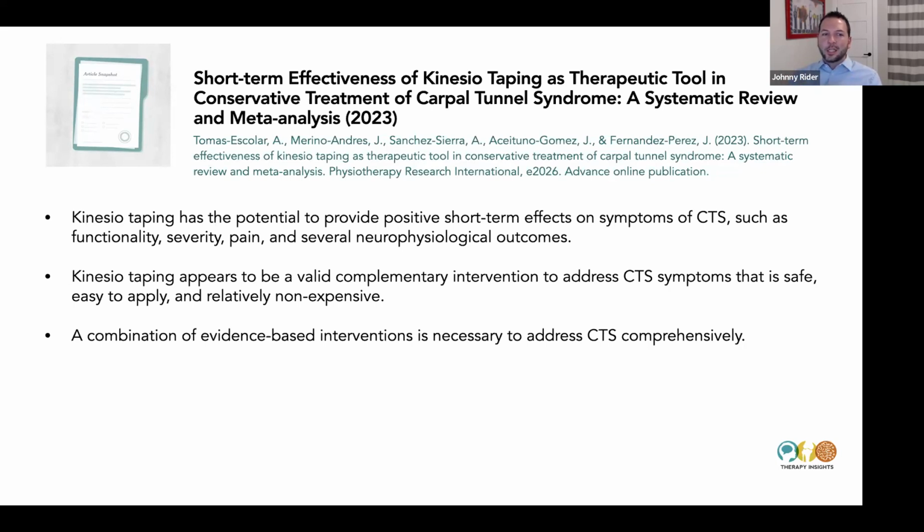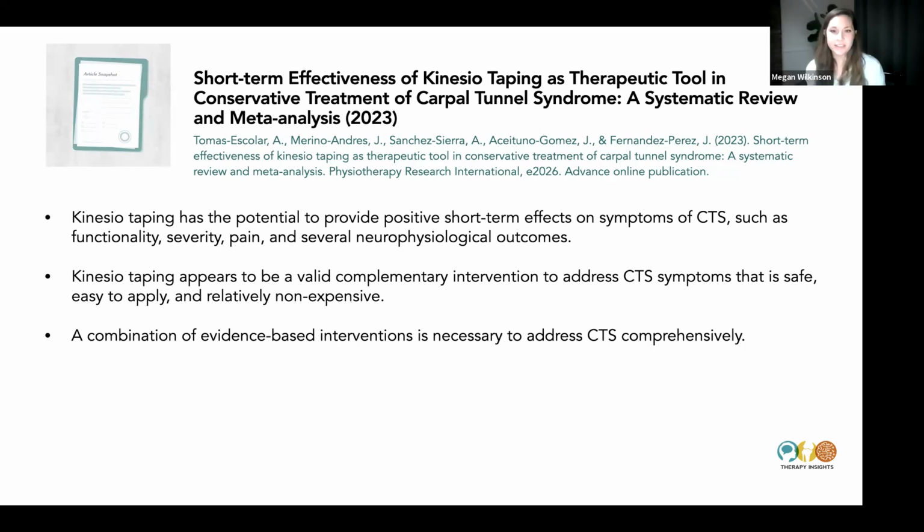So we can conclude that it's a valid and complementary intervention. We don't want to only use Kinesio tape to treat carpal tunnel syndrome. That wouldn't be enough. But when our clients are complaining of symptoms, this might be a great way to get some short-term relief or a short-term effect. And it's also something that we could potentially teach them how to do on their own outside of occupational therapy.